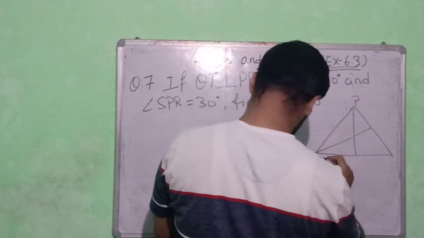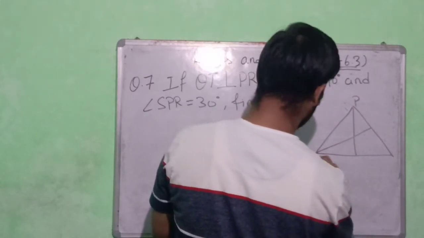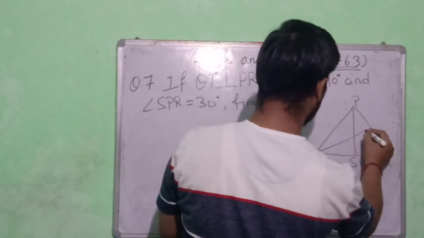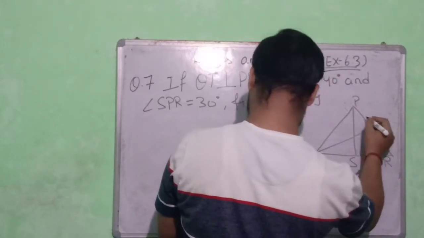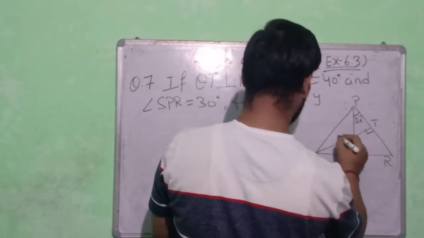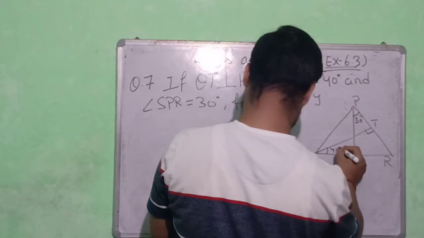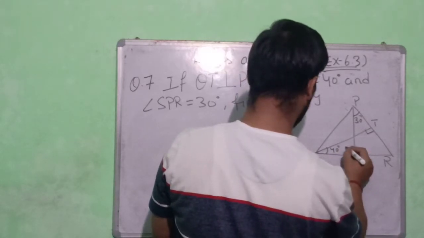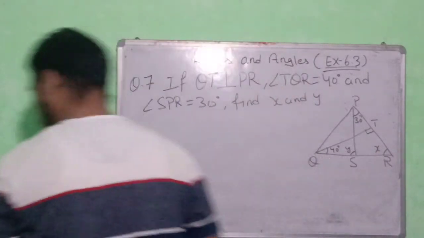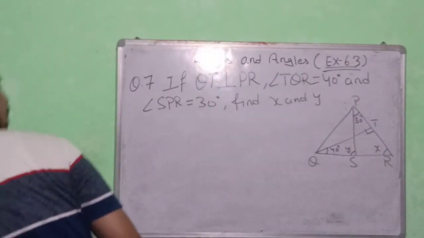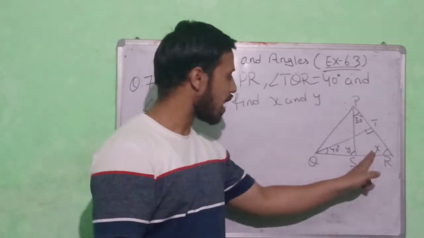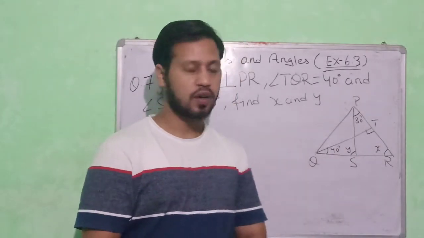This is P, Q, S, R. This is perpendicular T. This is 30 degrees. This is 40 degrees. This is angle y and this is angle x. Now students, we have to find the value of x and the value of y.